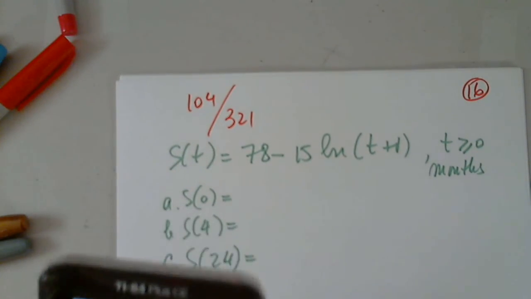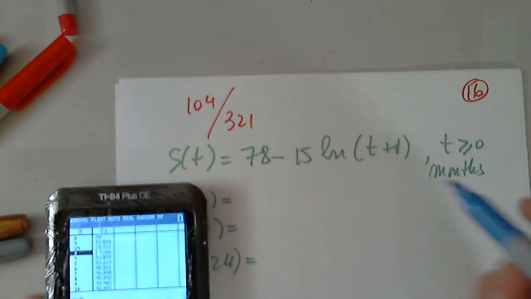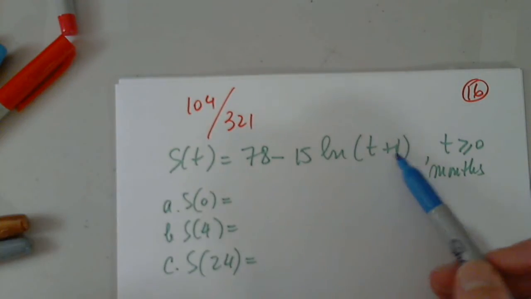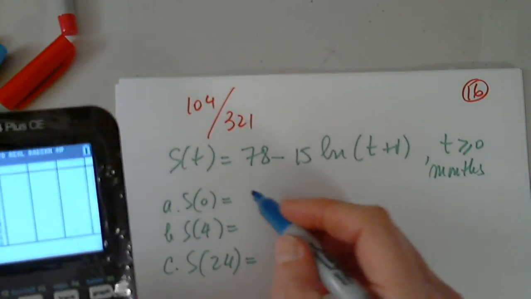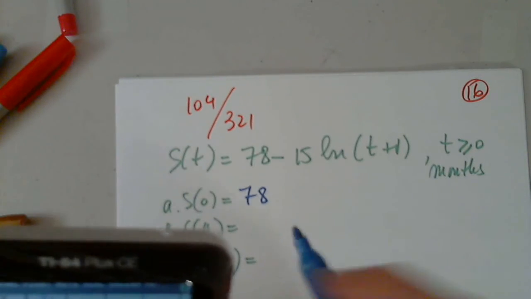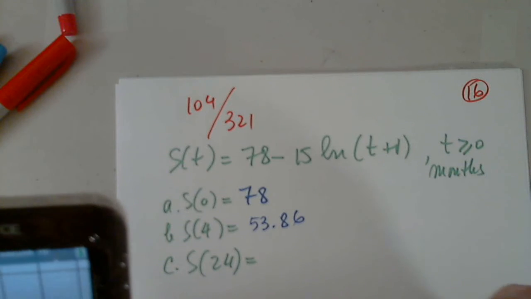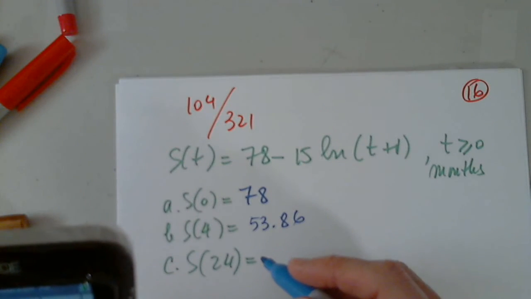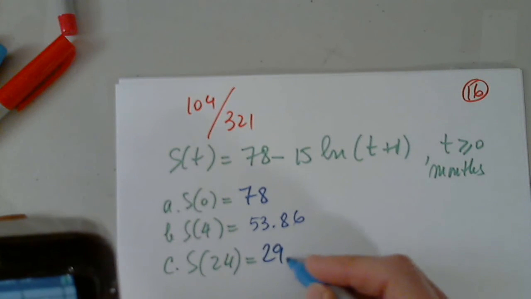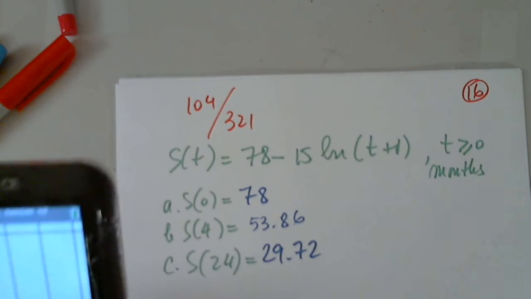Okay, so for 0, obviously we have 1. How do I know? Natural log 1 is 0 times 15, so it's obviously 78. The next one is 53.86, and at 24 is 29.72.